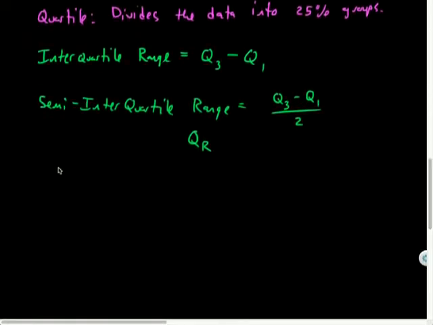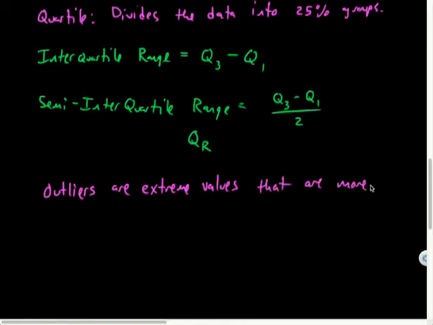Now, outliers. I'll define this for us. Outliers are extreme values that are more than 1.5 times, which seems like a very arbitrary fact.